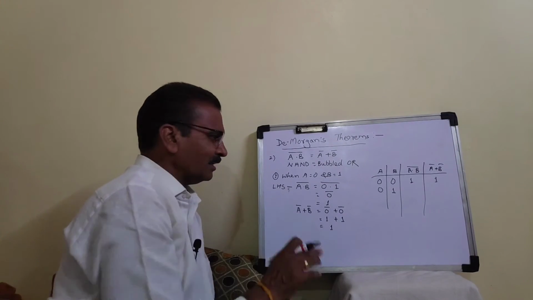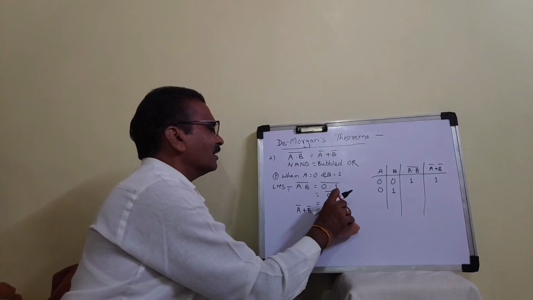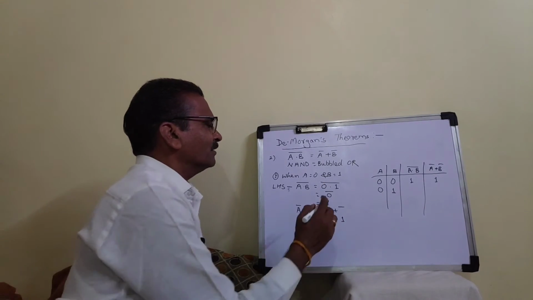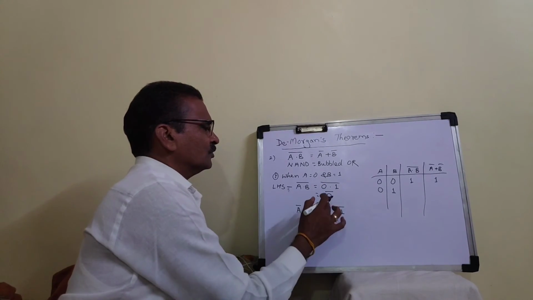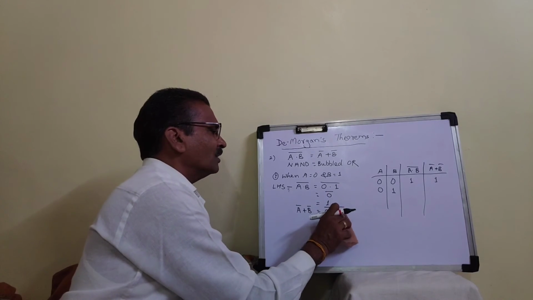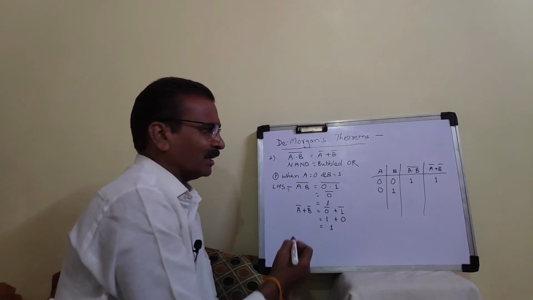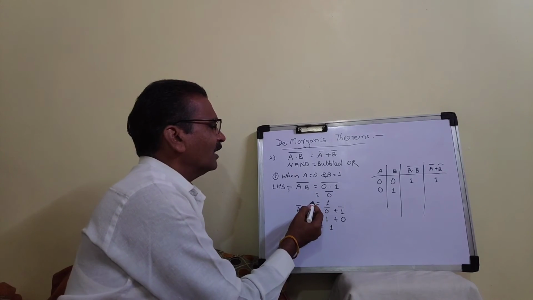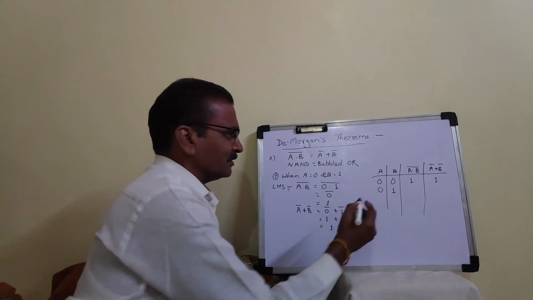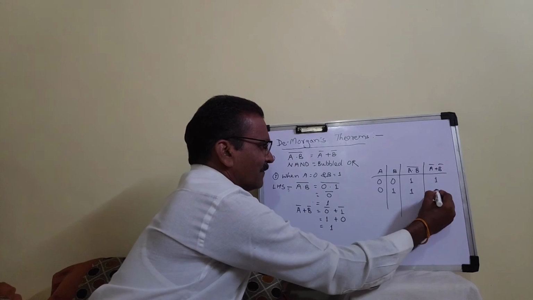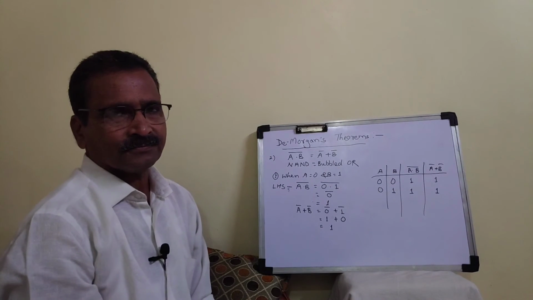For right hand side again change the value of B here, that should be 1. So 0 complement is 1, now 1's complement will be 0. So 1 plus 0 is again 1. So again we have got LHS equals to RHS. This is 1, this is also 1.